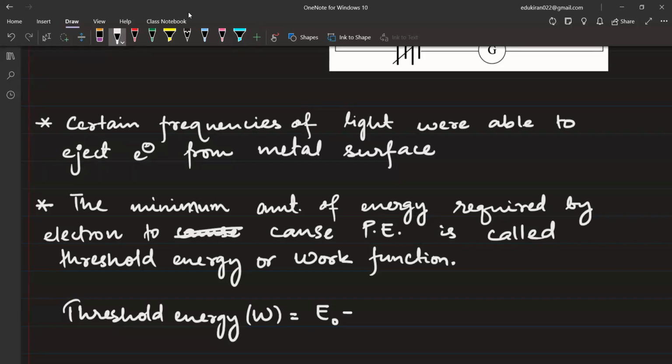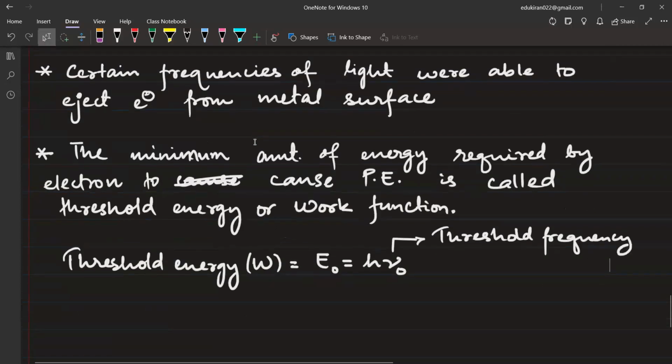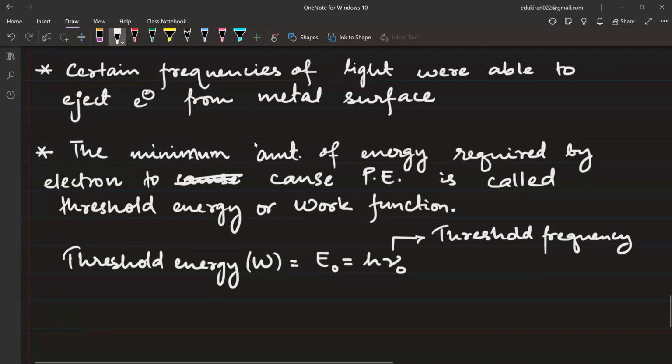And it will be equal to h, that is Planck's constant, multiplied by a particular frequency that will be known as the threshold frequency. Next, if I want to convert this to lambda, then I can write E naught is equal to h c upon lambda naught, because Planck's constant h is constant and the speed of light is also constant, right?